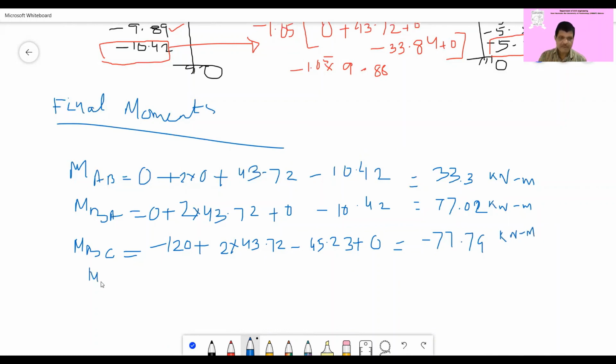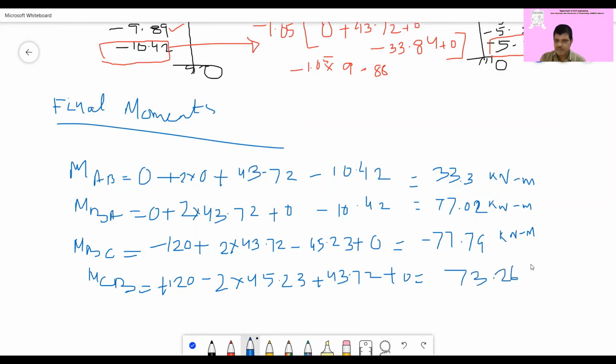If you go for MCB, usually plus 120 plus 2 times the near end moment, minus 45.23, plus far end 43.72 plus 0, which comes out to be 73.26 kilonewton meter.